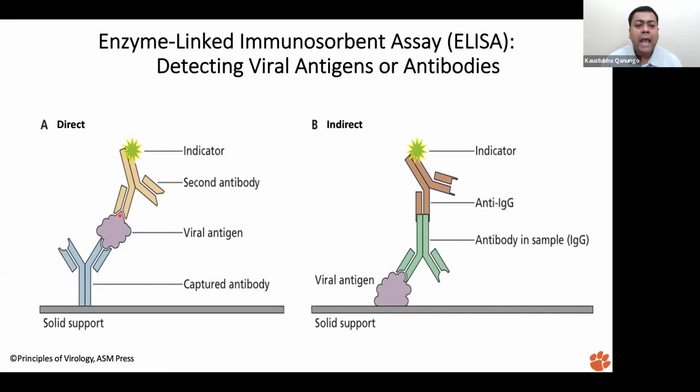To that, you can bind a viral antigen, and then you need a second antibody with an indicator, a fluorophore attached to that, or a colored reaction, or an enzyme which will cause a colored reaction. For ELISA, most of the time this is not a fluorophore but usually an enzyme, like horseradish peroxidase or something like that, that will cleave a substrate to produce a colored product. The names of the enzymes are not required, but it will give you a colored reaction.